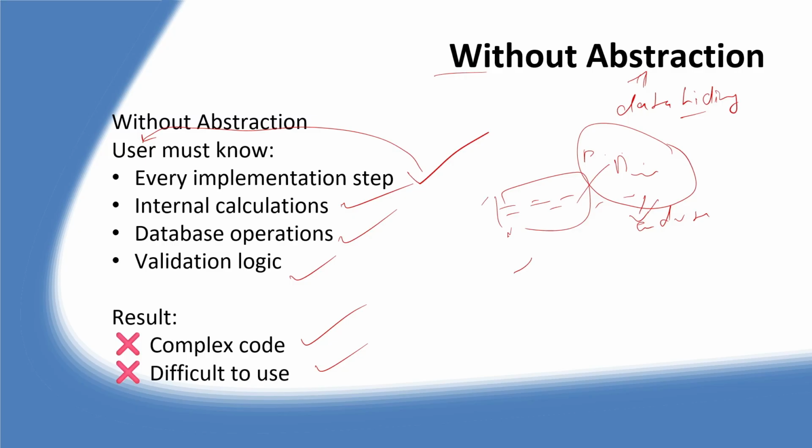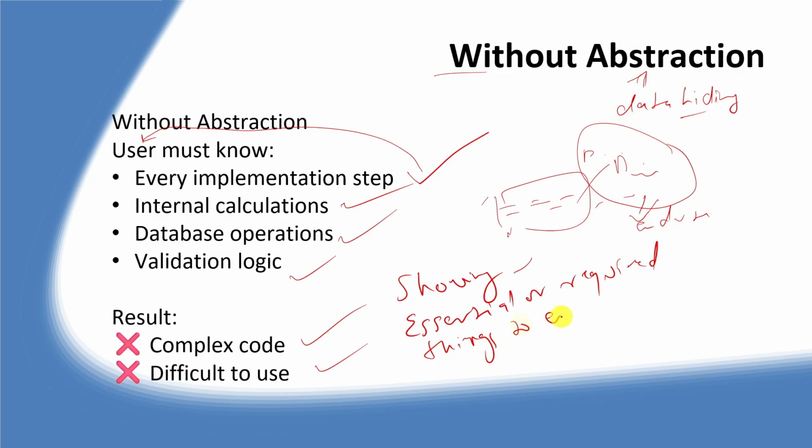Abstraction solves this problem by exposing only what's necessary. Exposing means what? Only showing the essential or required things to the end user, and it will hide the complex part.